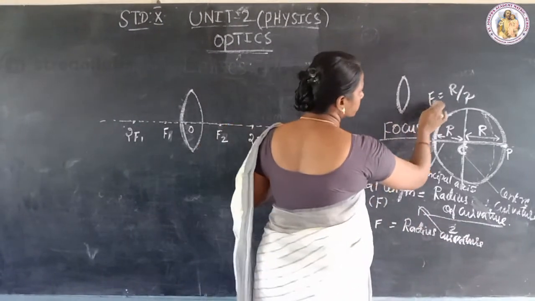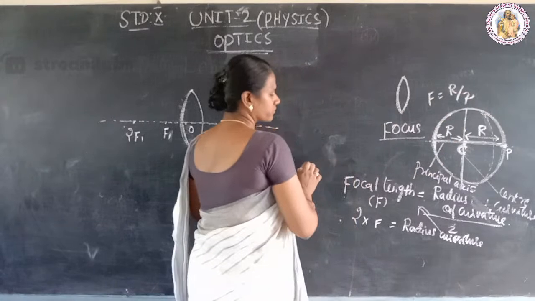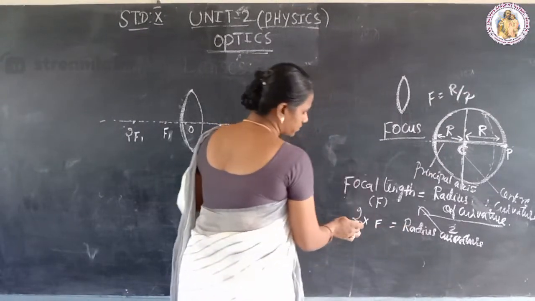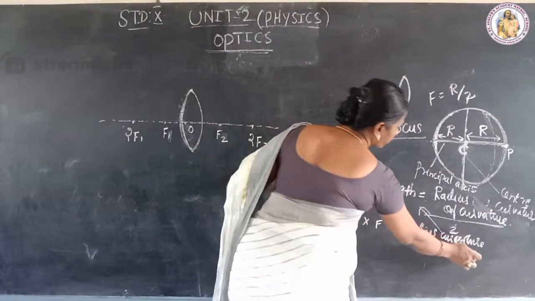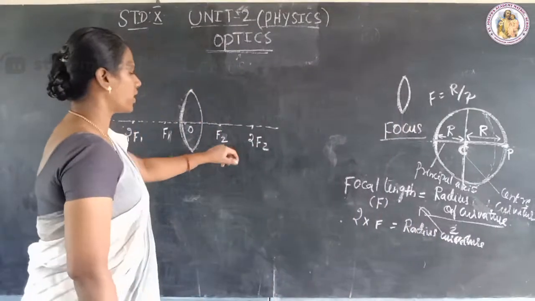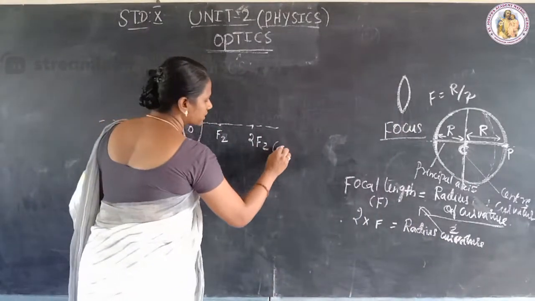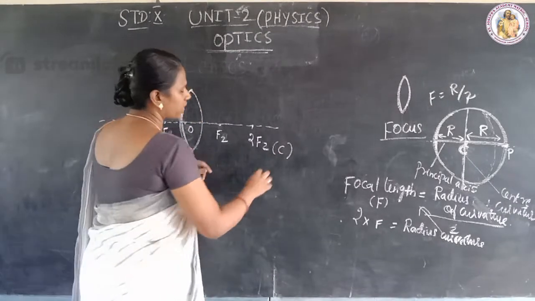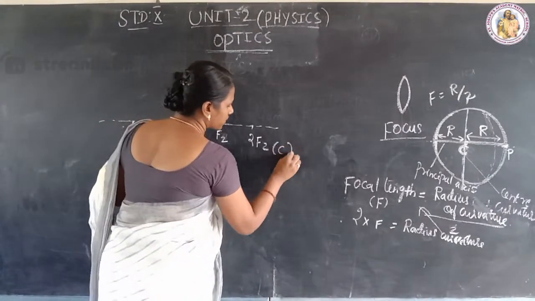So F is equal to R by 2. If so, the 2F is nothing but the radius of curvature, otherwise known as C. 2F is actually the center of curvature.